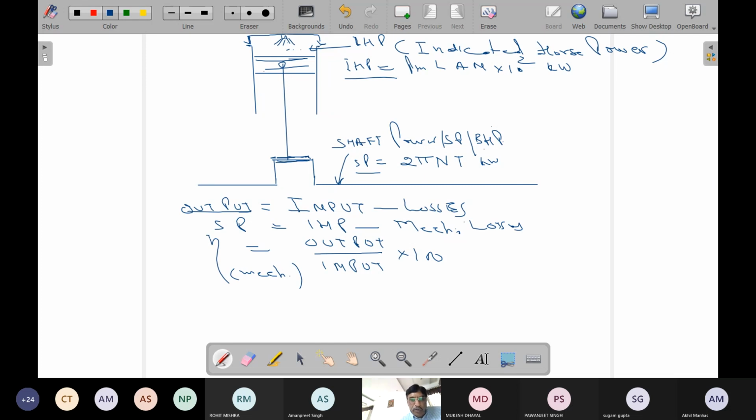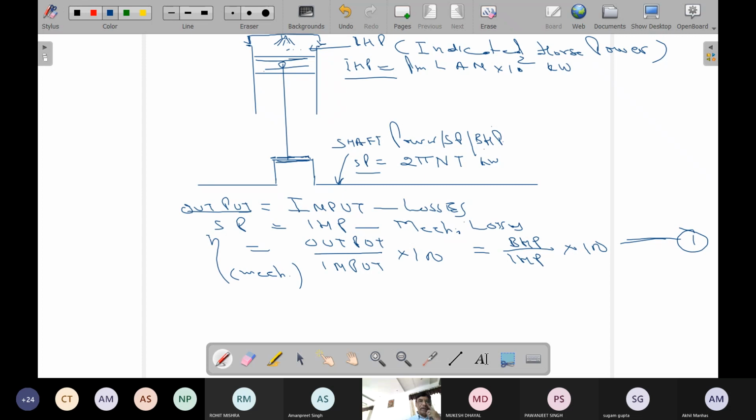Anyway, output over input into 100 is the efficiency. What is output here? Output is the shaft power or BHP, whatever I use. Let us say BHP. What is input? IHP, into 100. So this is equation number 1 and we call it mechanical efficiency, Greek letter eta. Mechanical efficiency is this.